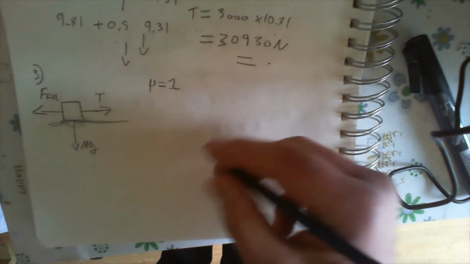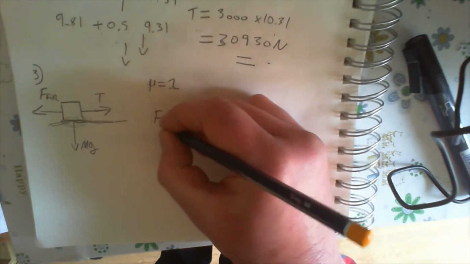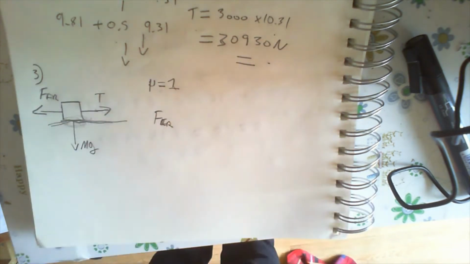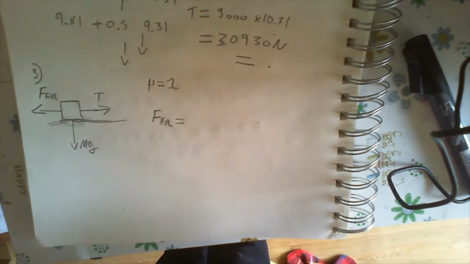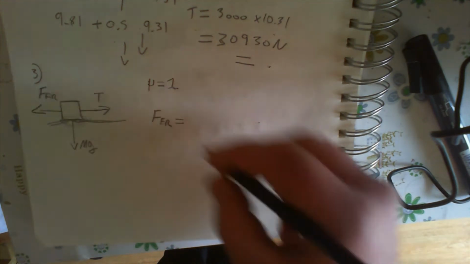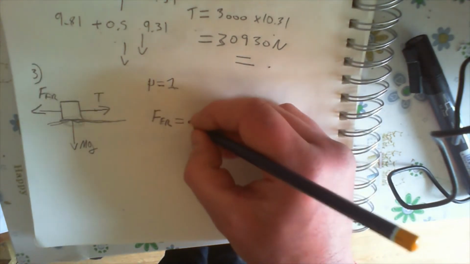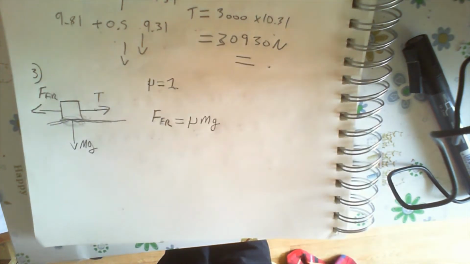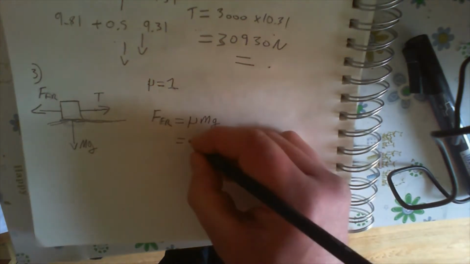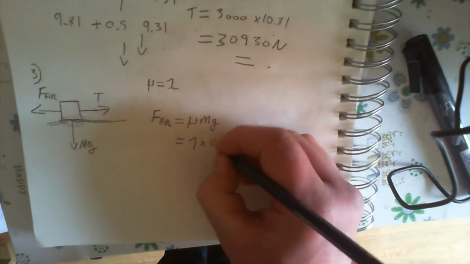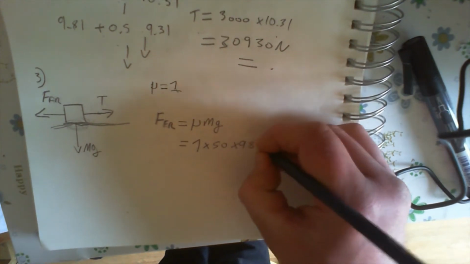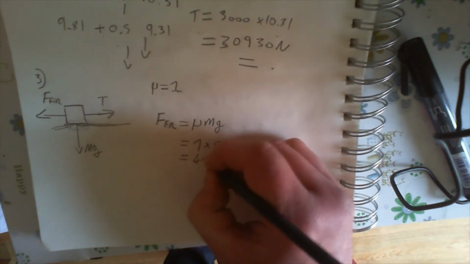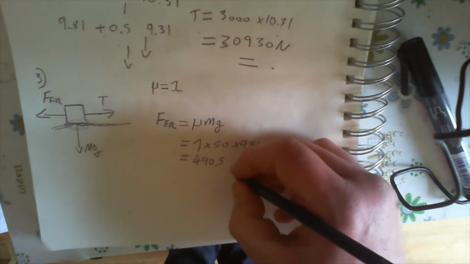So the frictional force equals, if it was 50 kilograms, this coefficient times the force of mass times the gravity, which is going to equal 1 times 50 kilos times 9.81, which works out at 490.5 newtons.